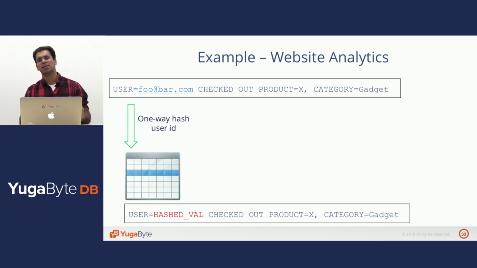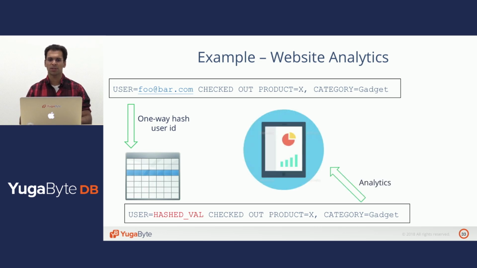Note that it doesn't matter how many times the same user buys a different product, we always get the same hashed value for their email, and we would never be able to guess their email from the hashed value, so it's not PII. Now, we can go ahead and put this information into the analytics cluster, and we would still be able to get all the analytics we want without being able to actually pinpoint which user that was.